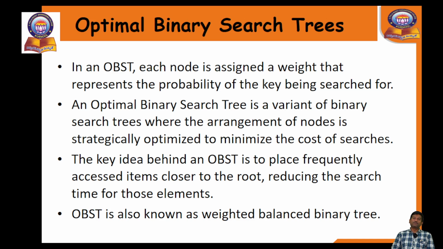That will be discussed in the next part. The optimal binary search tree is a variant of the binary search tree where the arrangement of the nodes is strategically optimized to minimize the cost of searches. What does it mean? Given certain keys, which can be alphabets or numerical values like 10, 20, 30, 40, you are also provided with the probability of successful and unsuccessful search.